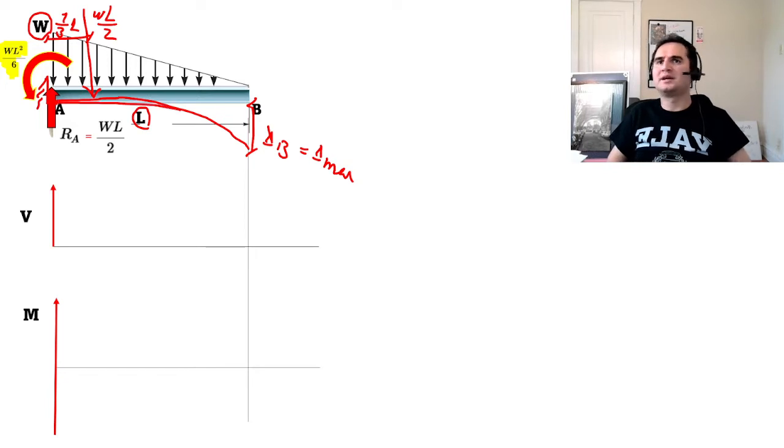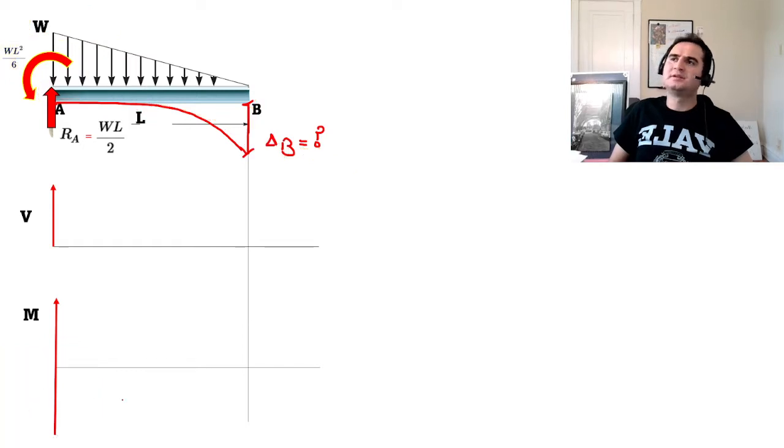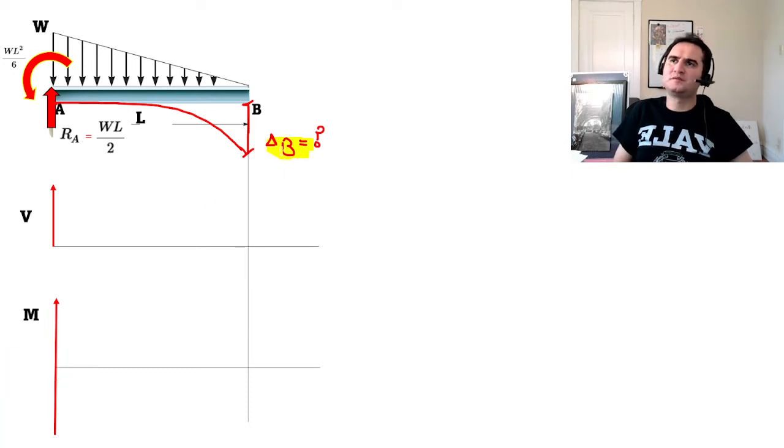So let's see how we can calculate delta B, which is the maximum deflection of the beam. And the total amount of load should be cancelled out by the only support at A, and that's WL over 2.